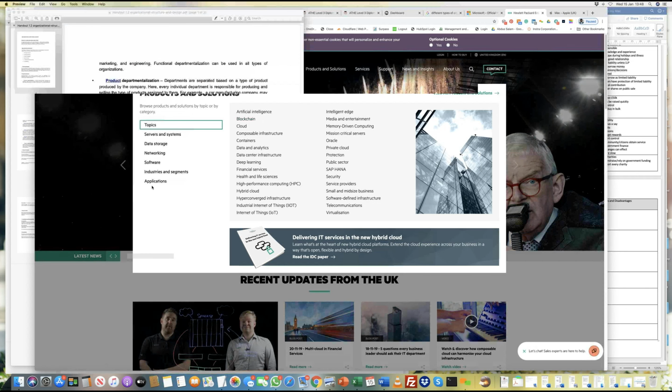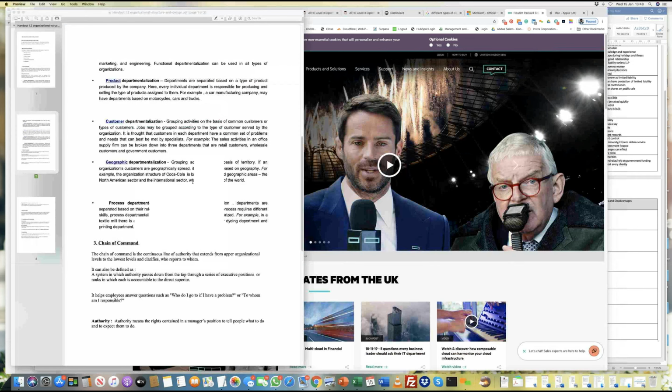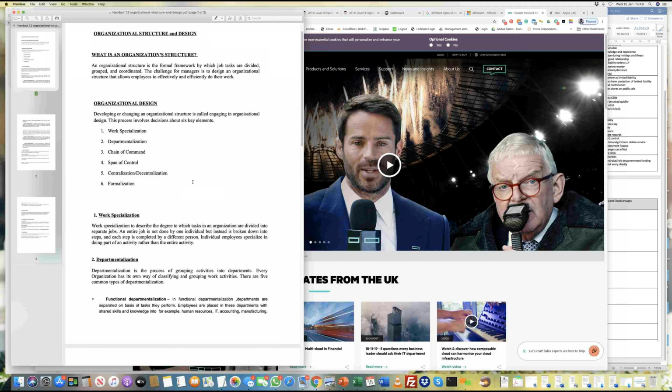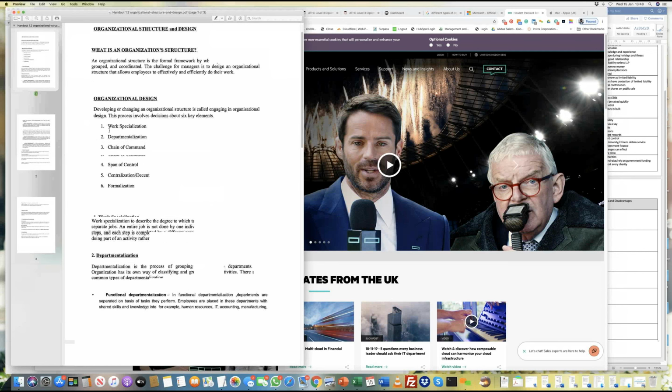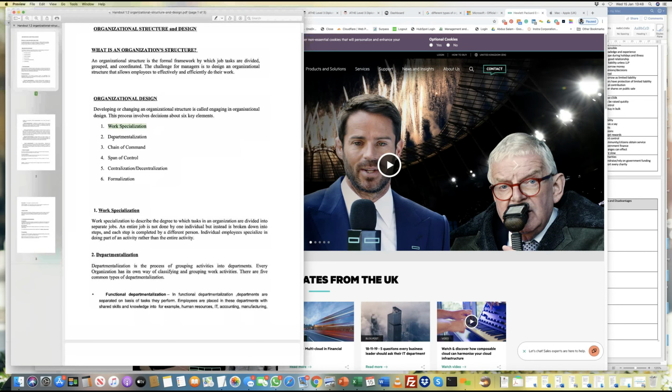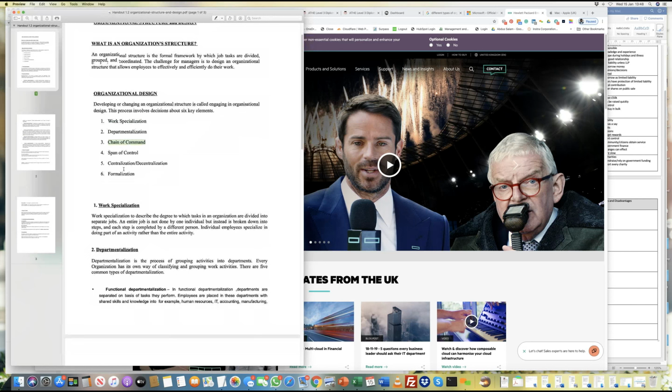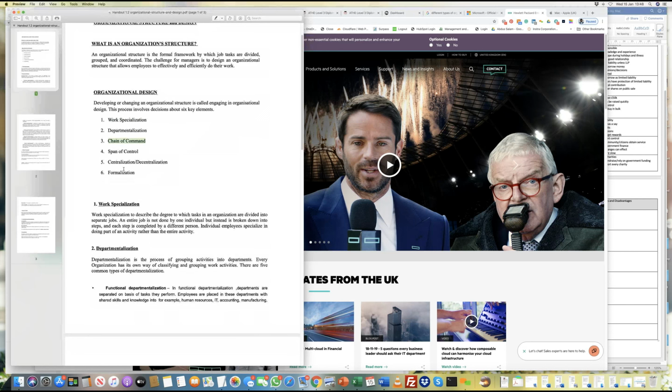The second part that we want to understand in learning outcome one, on how businesses operate, is organizational structure and design. There are different types, and they can be classified on the basis of work specialization, departmentalization, chain of command, span of control, centralized or decentralized ways of working, and formal structure.